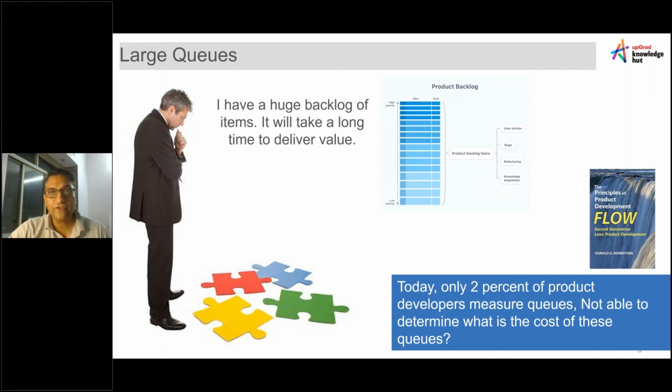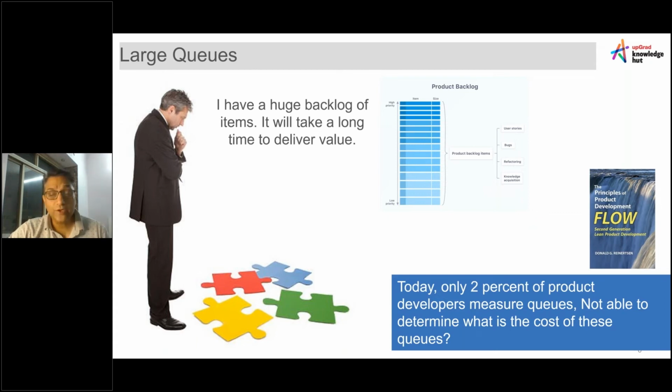As you start interacting with your customers, seeing what happens in the market and trying to stay ahead in the market, we start adding stories and requirements, and of course the backlog keeps growing. And typically these are the problems. How many times do you see product managers and product owners not able to manage queues? We have a huge backlog. How much time would it take for me to deliver this whole thing? And again, I would like to quote a nice thing from that book.